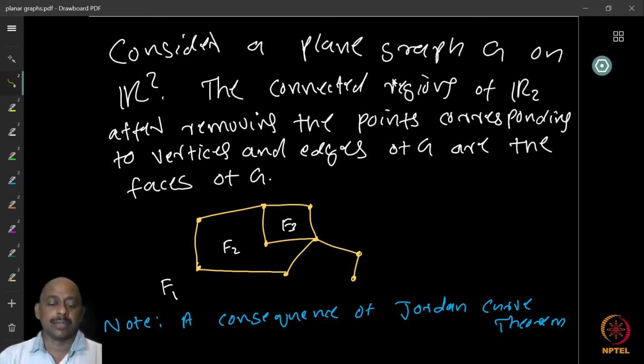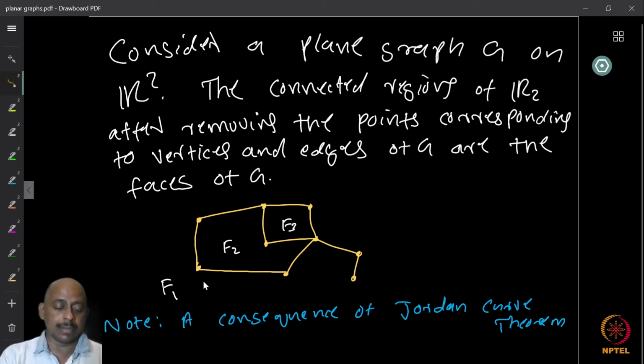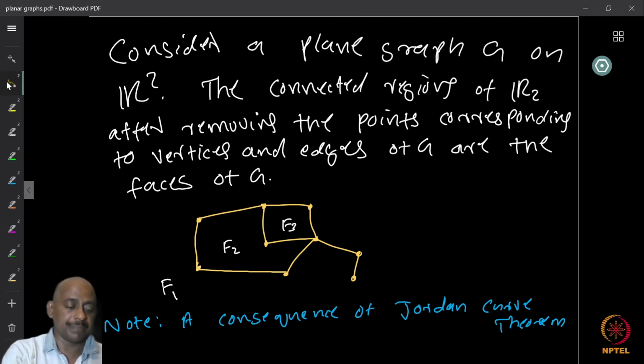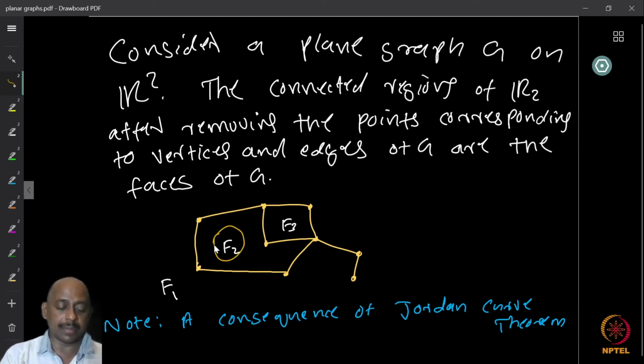Intuitively, it is clear that if you look at a picture of the graph, you look at these connected regions which you can find inside. They are all faces. For example, this is a face. This is another face.